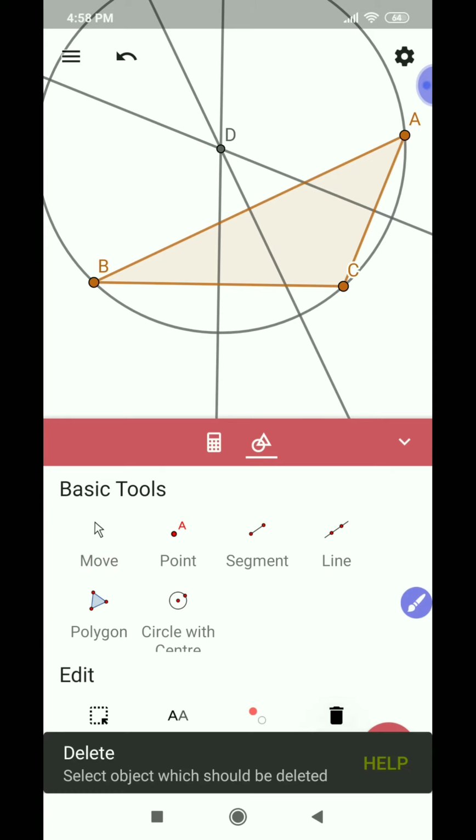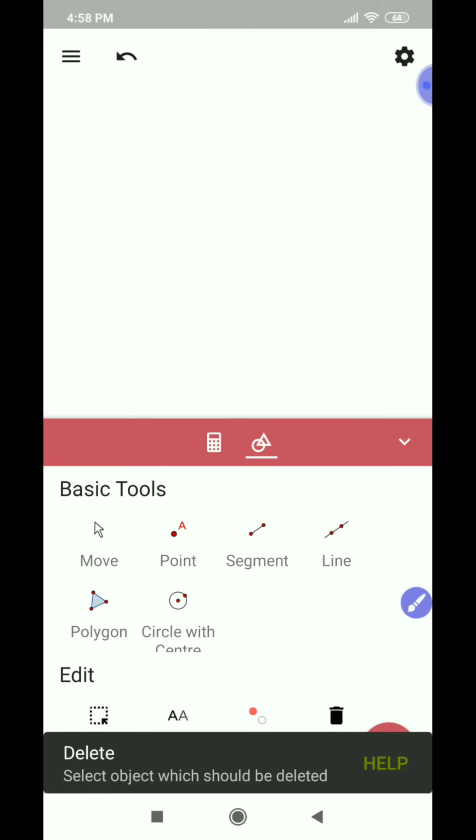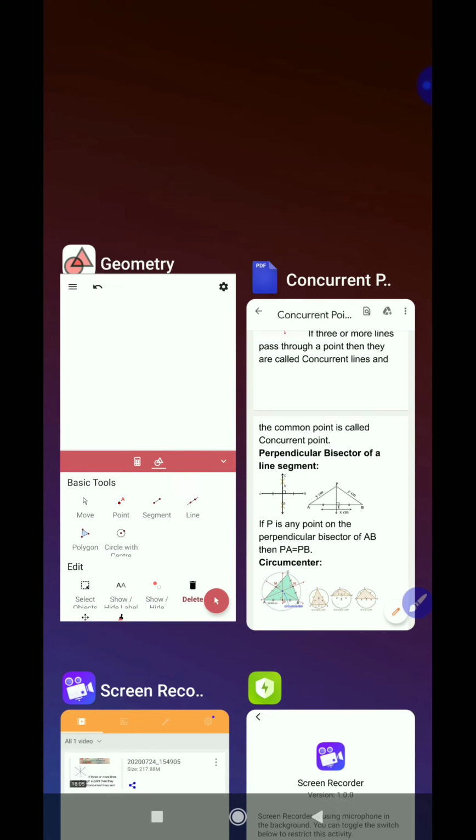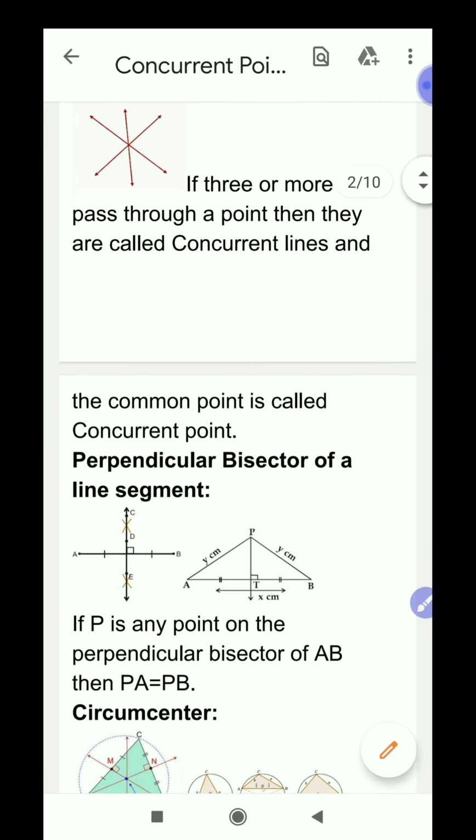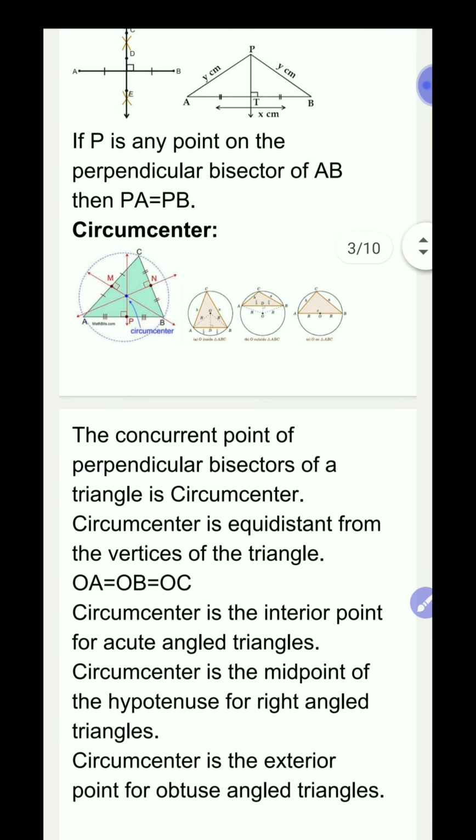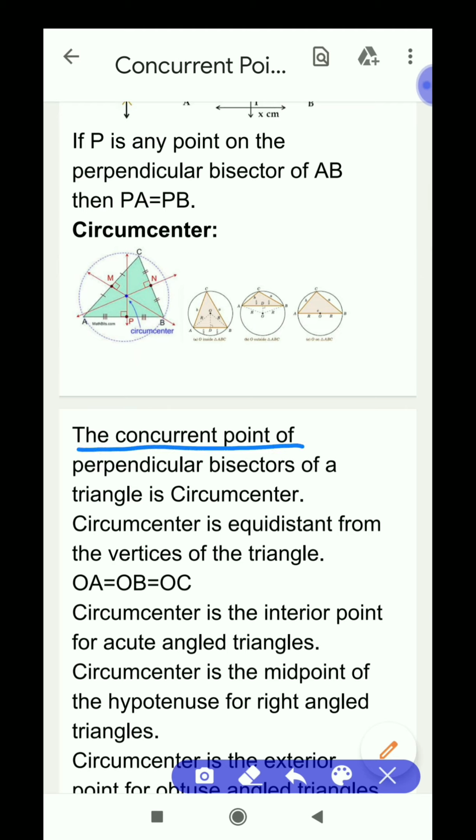Now, what did we learn? Just recall the points. The concurrent point of the perpendicular bisectors of a triangle is the circumcenter. The circumcenter is equidistant from the vertices of the triangle.